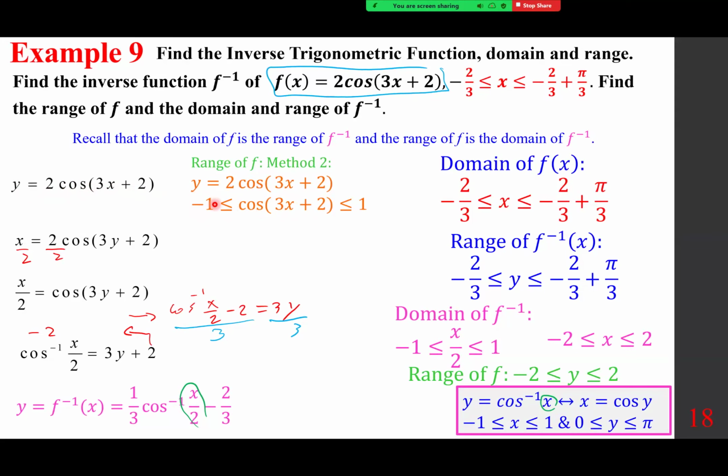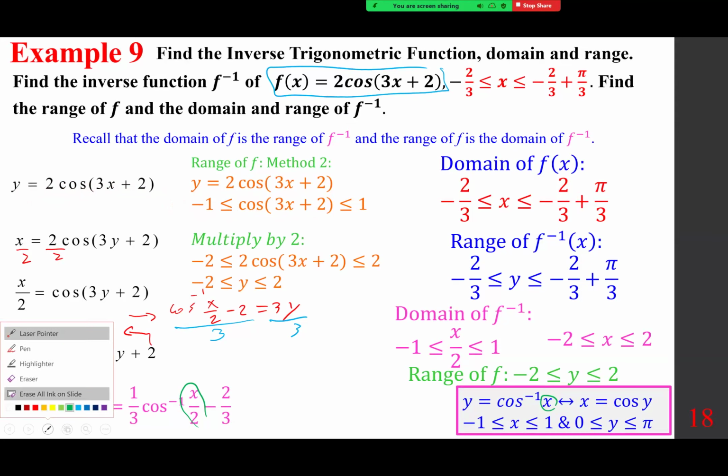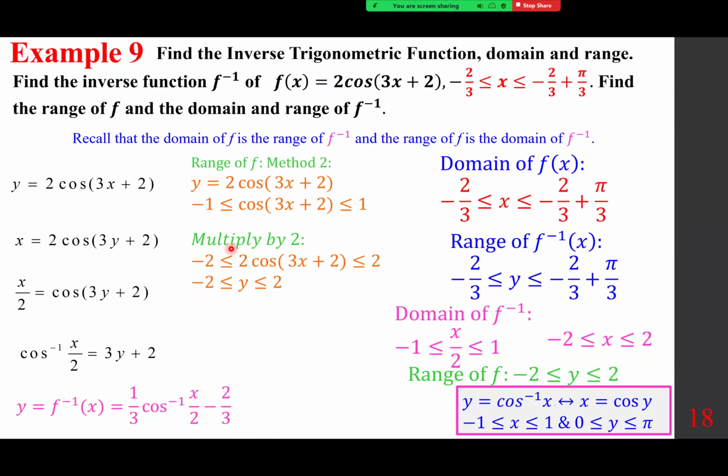I'm going to multiply by 2. When I multiply by 2, this becomes -2, and this becomes 2. And therefore, y is between -2 and 2. So we use this side, starting with what we know, which is cosine. And this is the second method, and we are done.